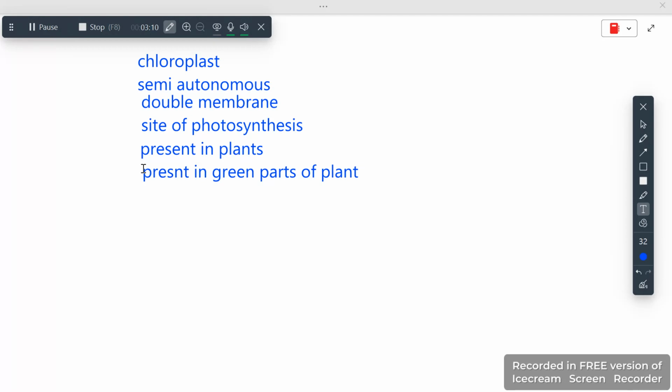I'm sure everyone knows the examples, such as leaves that are green color, or unripe fruit. How is that unripe fruit? If I just take an example of any fruit, that could be apple, banana, or let me take an example of apple.